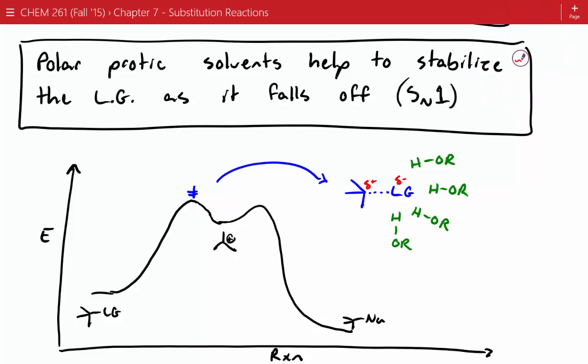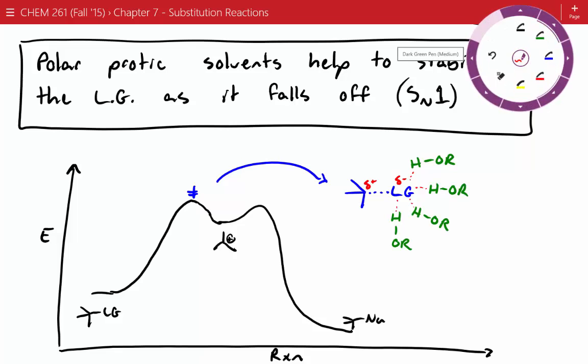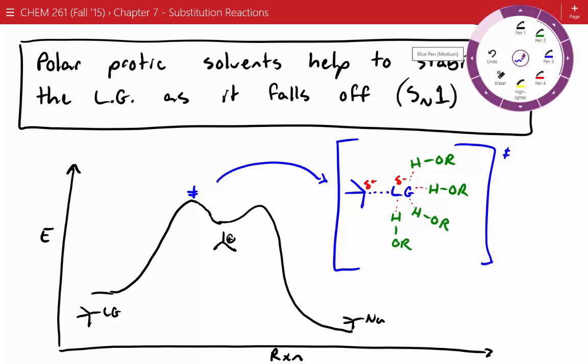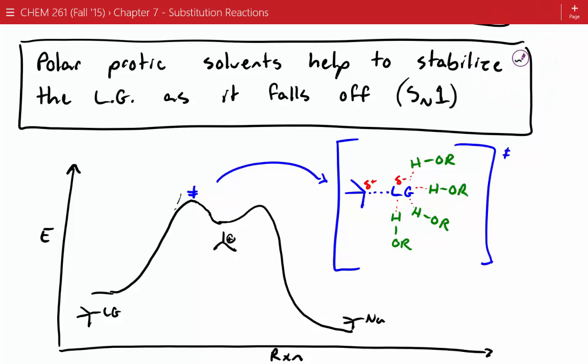So we can think about these hydrogen bonding interactions that help lower the activation energy for this leaving group. So you could have said, well, in aprotic solvents, it would have had a much higher energy pathway to overcome, but in a polar protic solvent, you're allowing that leaving group to fall off with lower energy because it's being essentially caught and stabilized by the polar protic solvents as it's being let go. Does that make sense? All right.